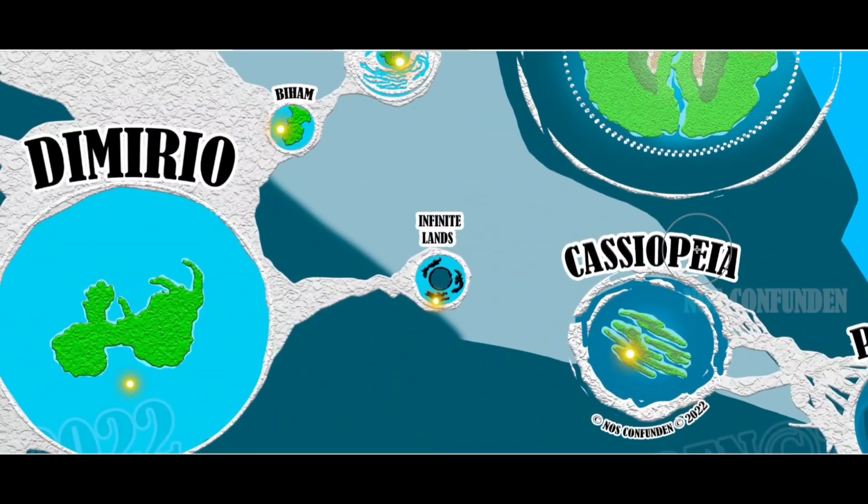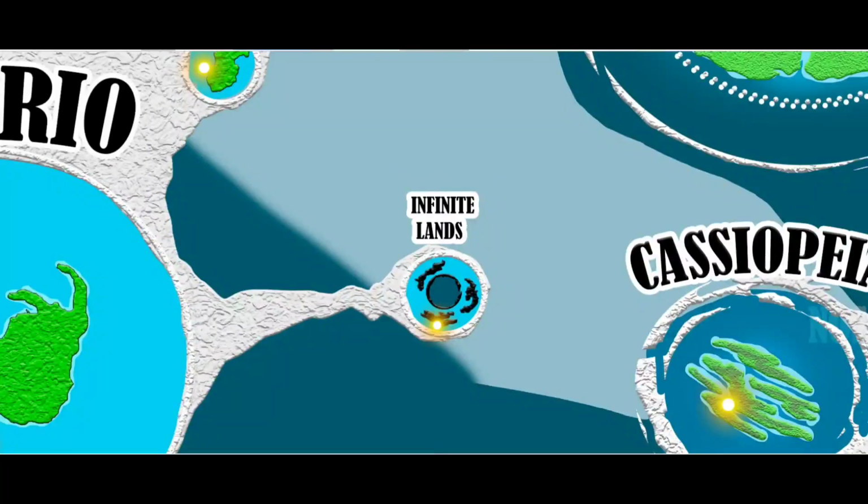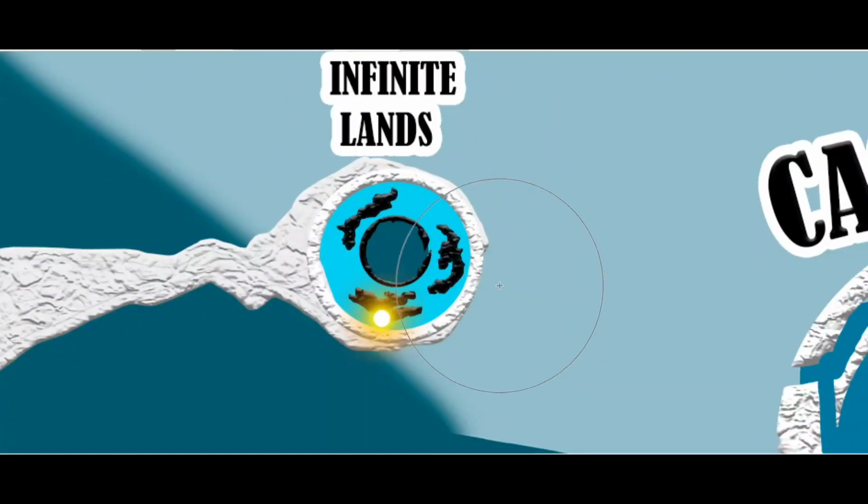Next we have the infinite lands. This is very small as a plane of existence, but it was very curious, because it's very clear what it's trying to do. First of all, we have a black core. All the continents of this very small plane of existence seem to be black, which obviously means they're completely unlivable.